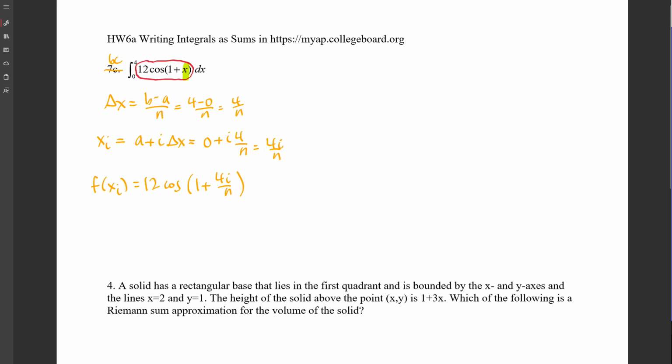Once I get that, then I plug it into my big formula. My big formula is the integral from 0 to 4 of 12 cosine of (1 plus x) dx. Turns out that is equal to the limit as n goes to infinity of the summation where i equals 1 to n, and then I put f of x sub i here times delta x. All right, so what is my f of x sub i?